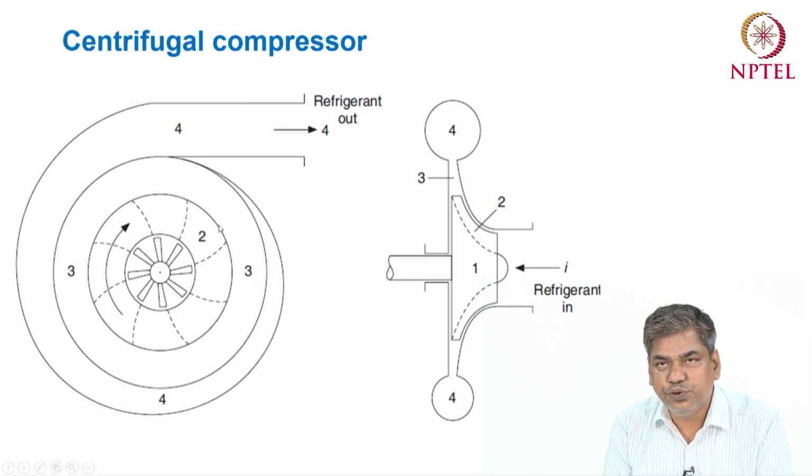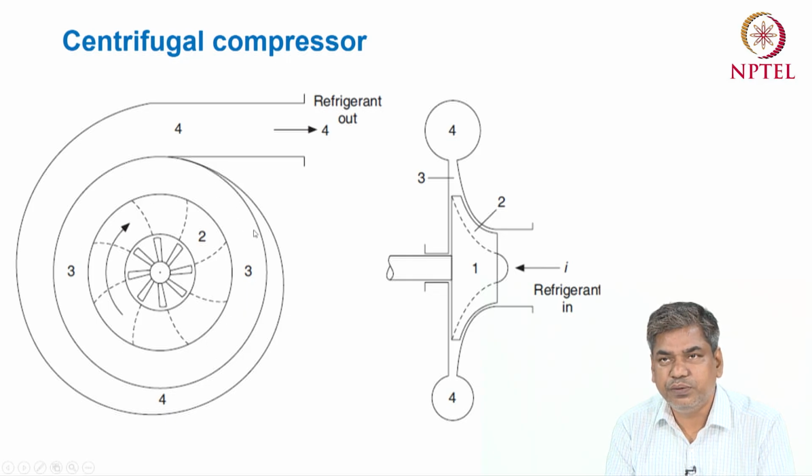And then zone 2 consists of the rotary vanes. These vanes are basically used to convert the electrical or mechanical energy to kinetic energy. So in this zone the refrigerant will gain both pressure energy and kinetic energy, and after that there is a diffuser portion, zone 3.